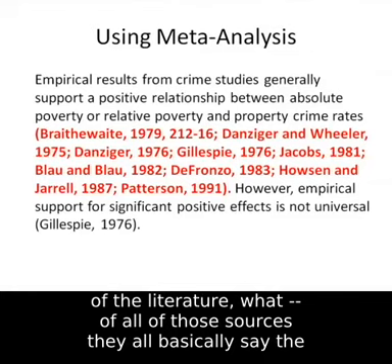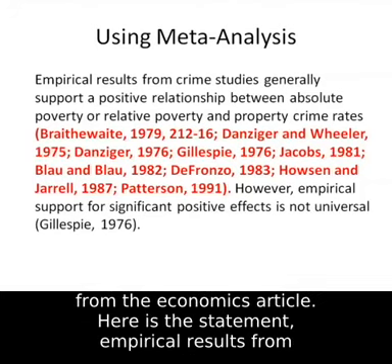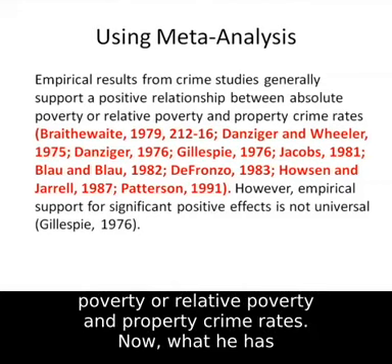Of all of those sources, they all basically say the same thing, or they've tackled the same topic in the same way. This is from the economics article. Here's the statement: Empirical results from crime studies generally support a positive relationship between absolute poverty or relative poverty and property crime rates.